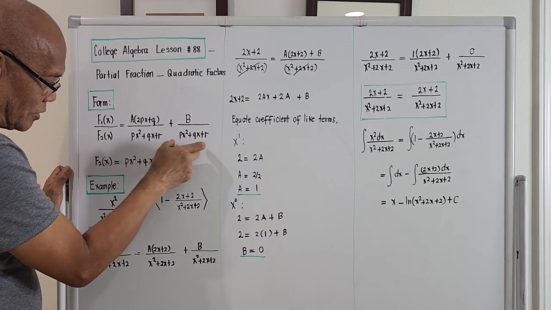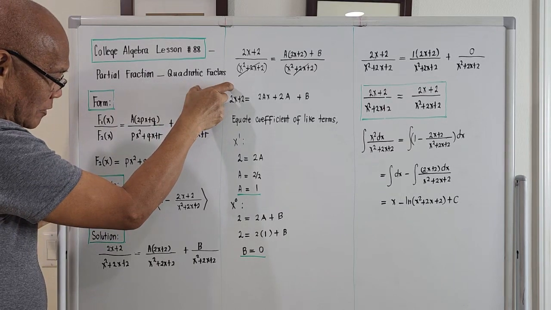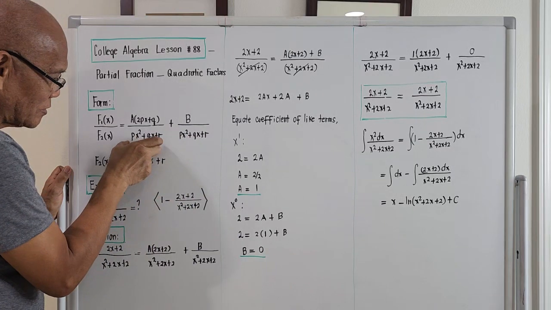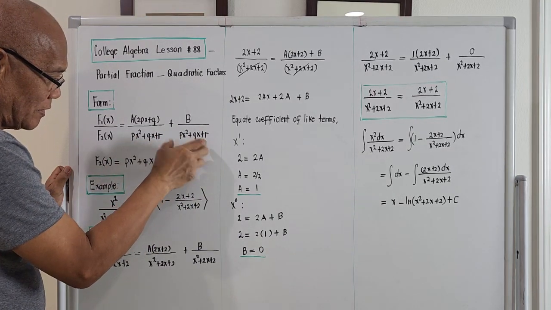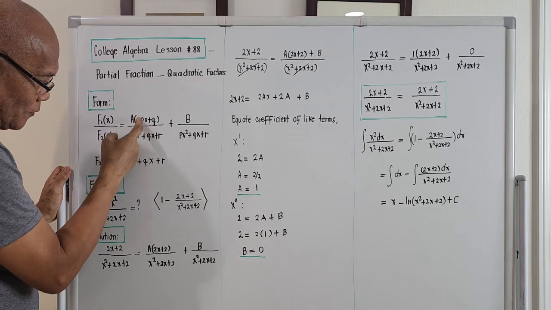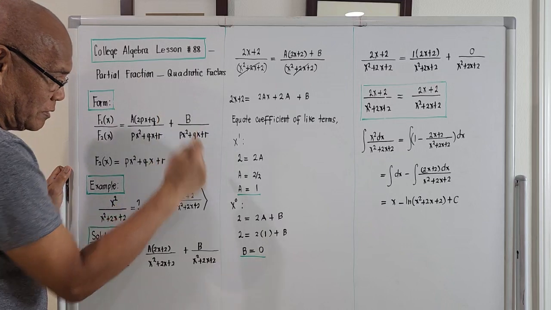These denominators are the same. So for quadratic factors, there will be no problem adding the right-hand side because the denominators are the same, right? But with regards to the numerator, this is A multiplied by 2px plus q, and this is only plus B.